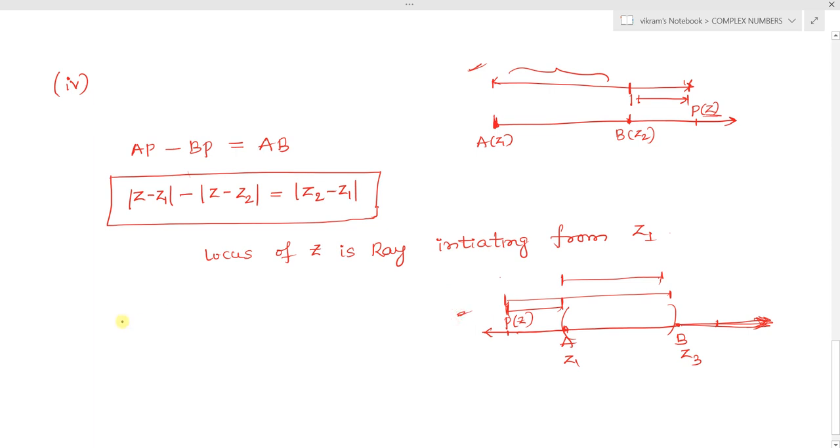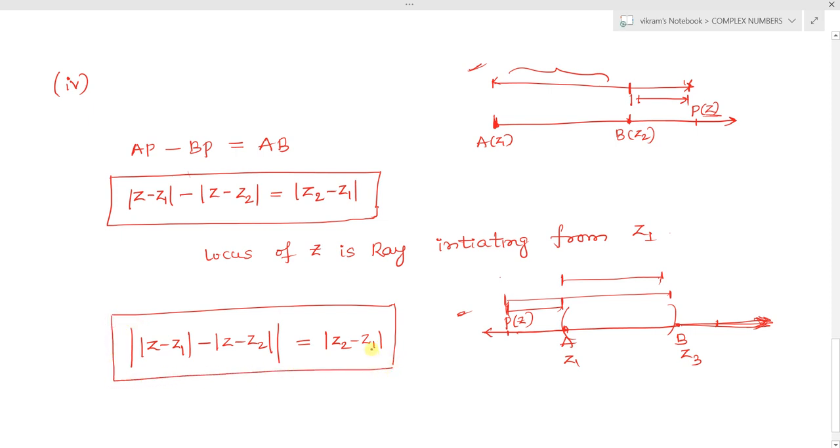For this, it is just the same formula, |Z minus Z1| minus |Z minus Z2|, but we need to consider the whole modulus. If we consider the modulus, either it will move towards the left of the line segment AB or towards the right of the line segment AB, and then we will get the required formula. This is nothing but a straight line.